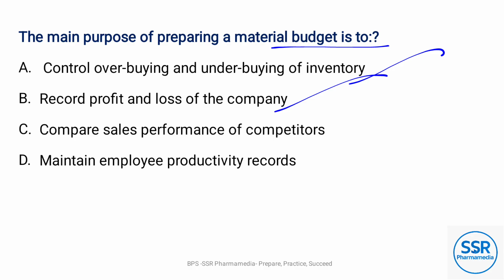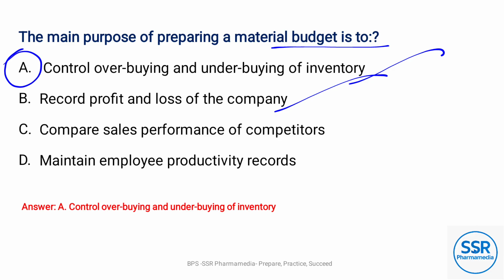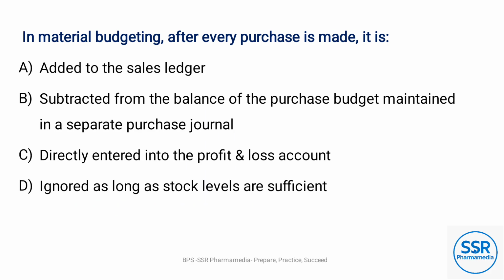Option D, maintain employee productivity records. So the answer is option A: control overbuying and underbuying. This is the main purpose of material budgeting.